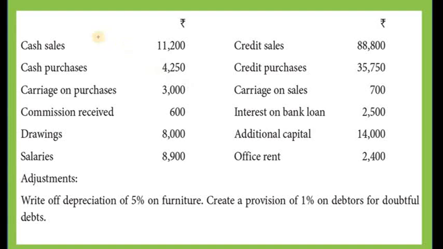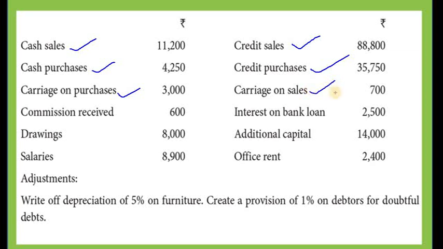It is additional information part of the above discussed problem. What is given here? We have details regarding cash sales, cash purchase, credit sales, credit purchase. We have carriage on purchase, carriage on sales. If we have some expense that is related to purchase or manufacturing, that will come in the trading account.